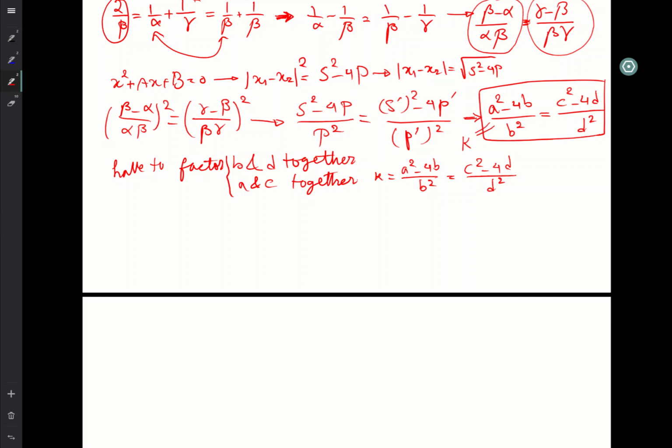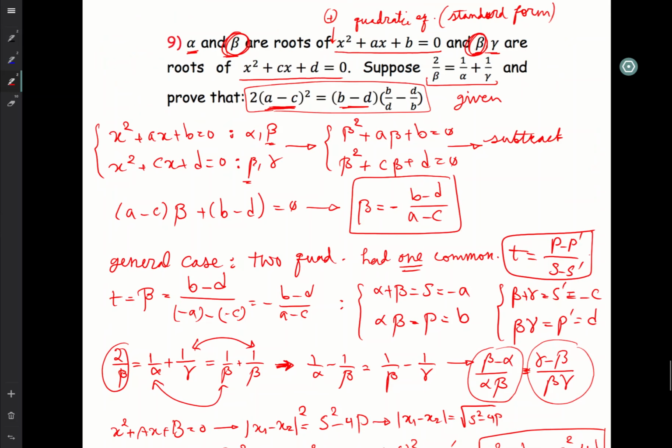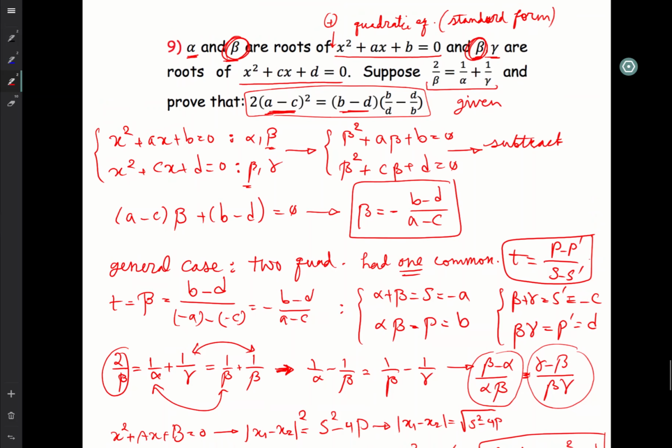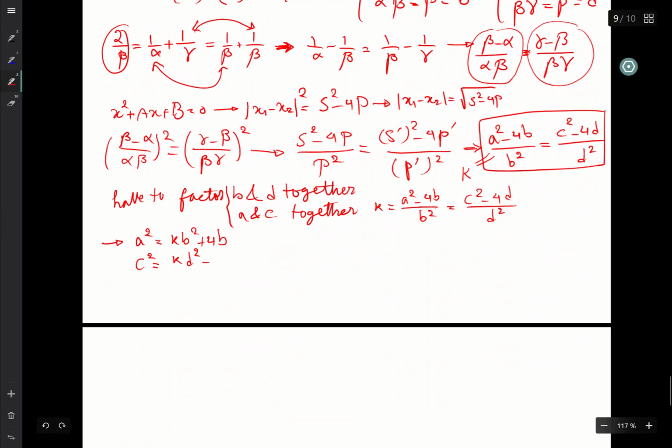And what this gives us is that a squared is basically k b squared plus 4b, and c squared is k d squared plus 4d, right?